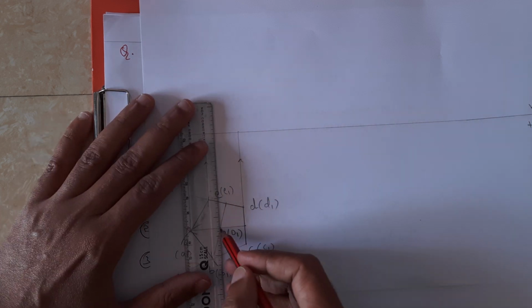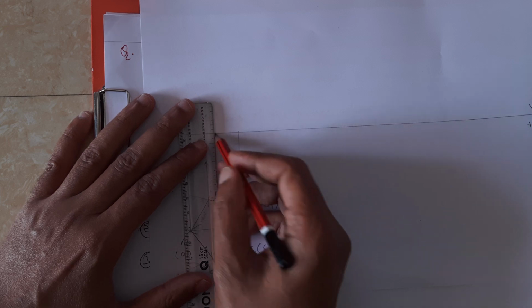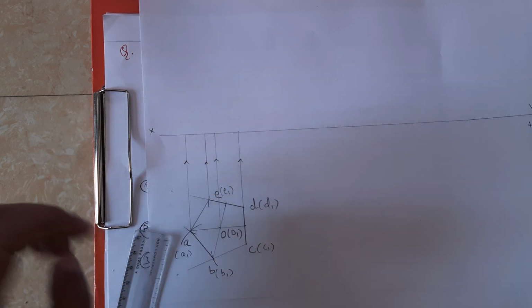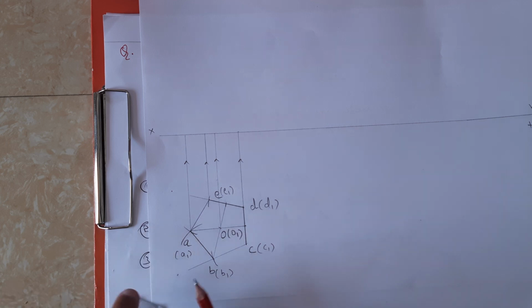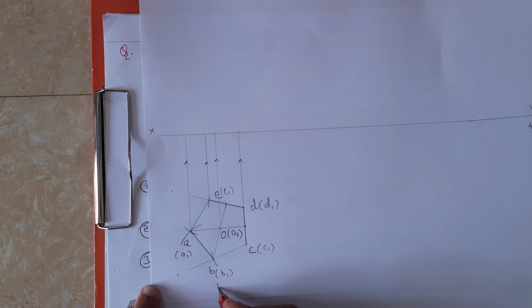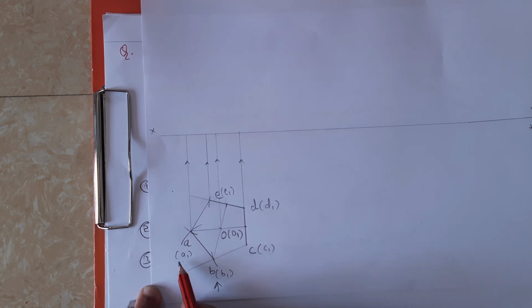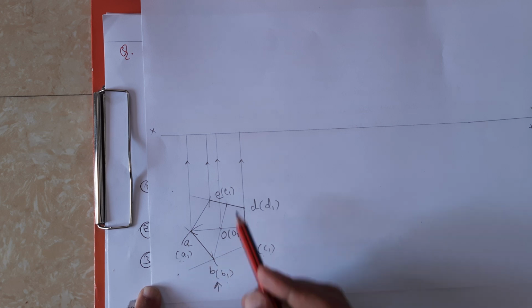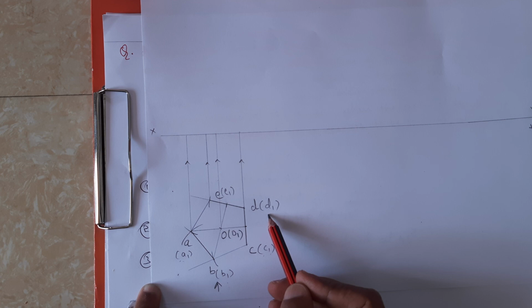Next I am also going to draw the projection for the center. First locate the bottom face. What are the names I am giving? A1, B1, C1. The observer will be looking from this side, so A1 is nearer, B1 is nearer, C1 is nearer. So these three corners are visible, whereas E1 and D1 are invisible.